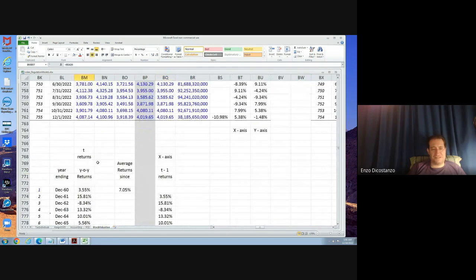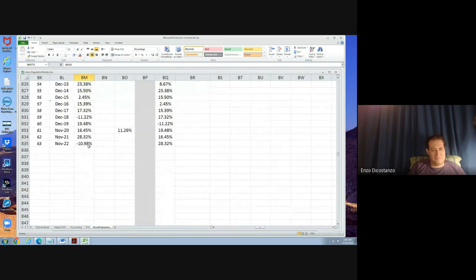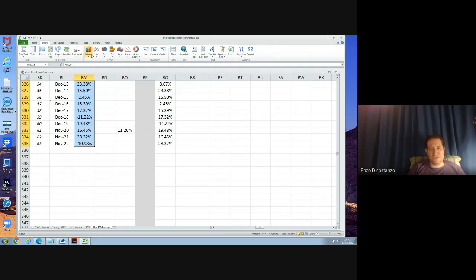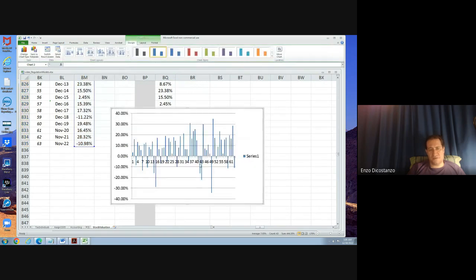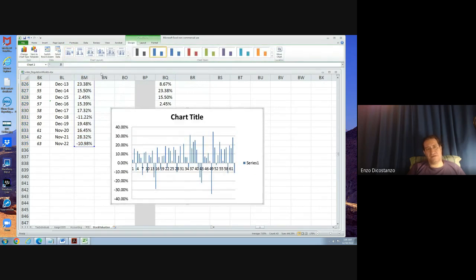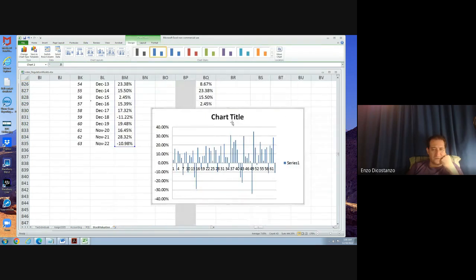First data set is just this. And then we'll do insert. You could do a line with this, but we'll do bar. You could do a line with this, something like that. All right, then you click on titles and all that stuff. And also here, you go to select data.